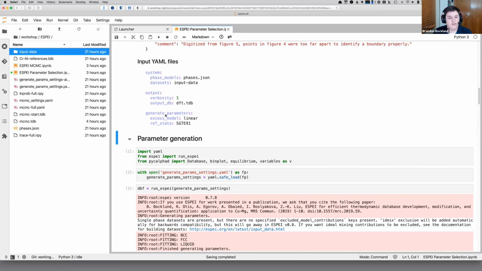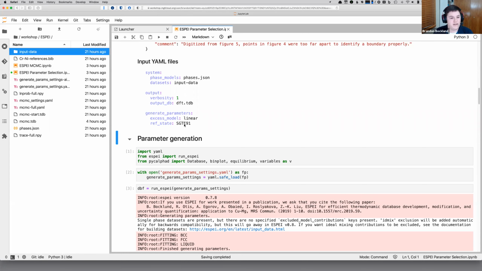The only two required options for parameter generation are the excess model and the reference state. Right now we only support fitting linear excess models. As I mentioned, we provide the SGTE reference state for the unaries, and we call it SGTE 91 for historical reasons because that's when the paper came out, but we use the most updated SGTE unary 5 database. If you're familiar with that and that makes sense to you, that's what's happening.